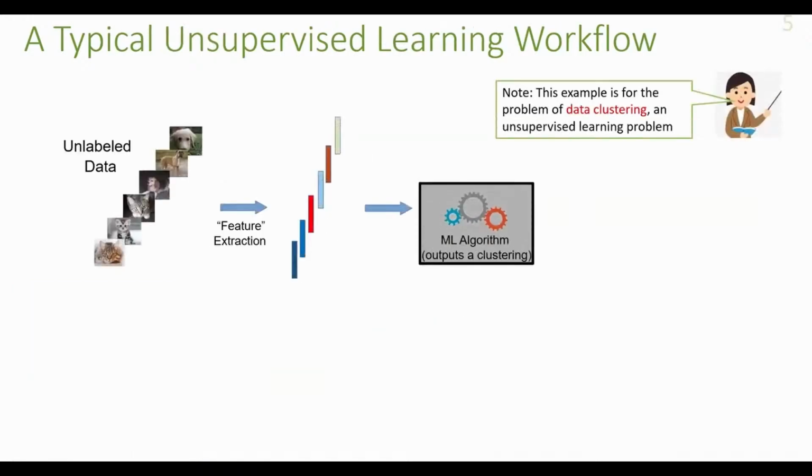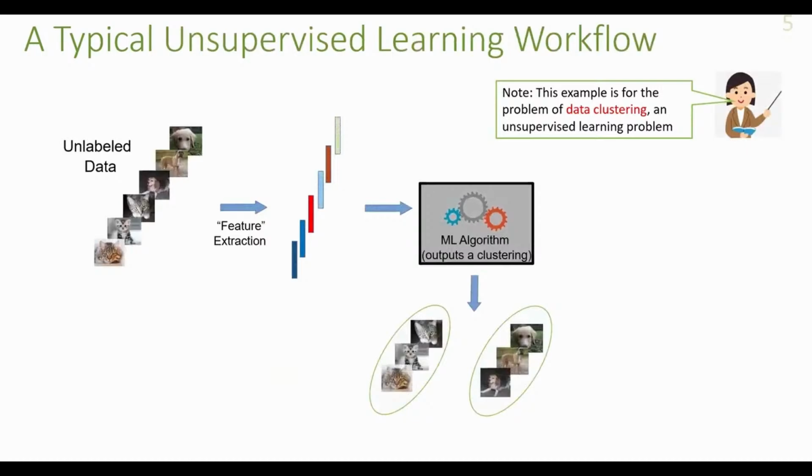Okay. In unsupervised learning, since we are not given the label data, we only have the inputs, we don't have the outputs. So since labels are not available, we cannot solve classification or regression problems, because to solve those we need label data, right?